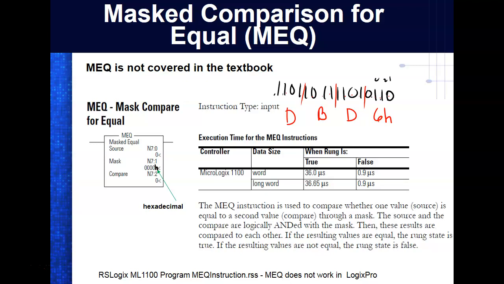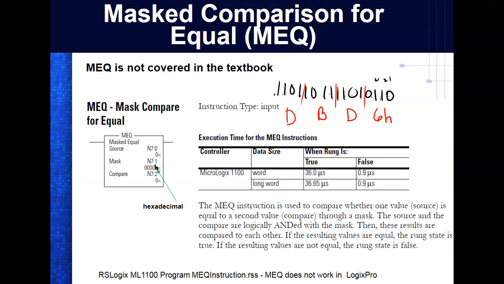So this is a new instruction. This is called a mask comparison for equal. This is the only thing we got. So what it's going to do is take this value, and before it compares it, it's going to match it with that, and then it compares. So this is a really powerful instruction. We can strip off bits before we need them, right?